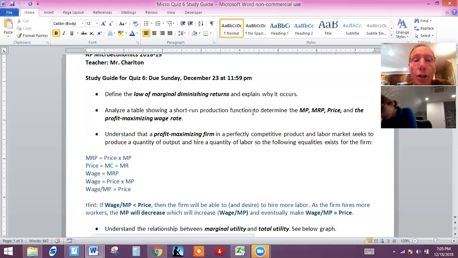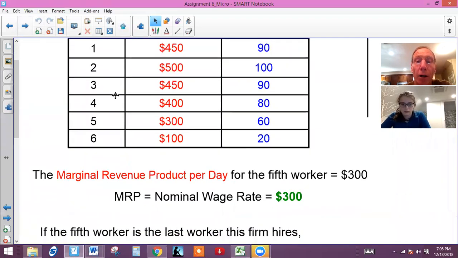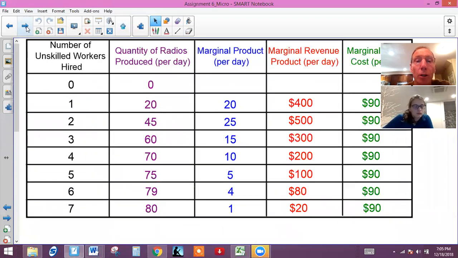you're going to want to be able to look at tables just like your assignment. So if you understand your assignments, where we went over these types of tables, and we analyzed what you're given, like if you're given total production, you should be able to compute marginal production.